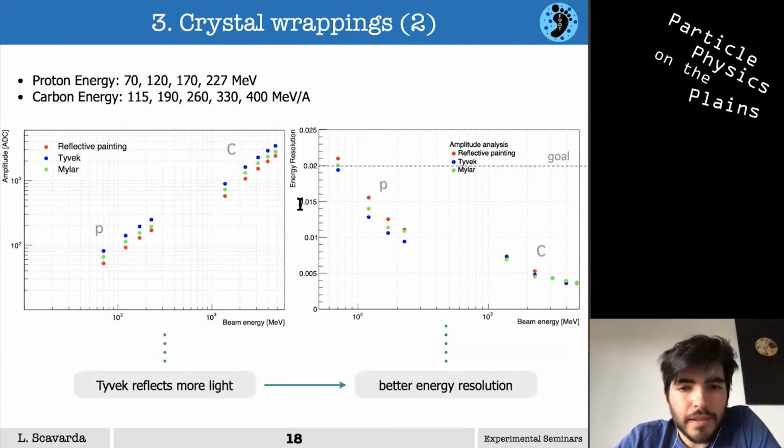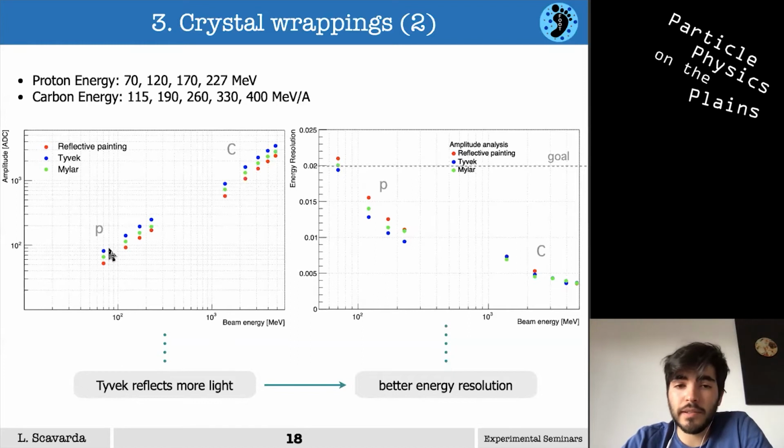Okay, in this slide we have some results about this test beam. On the left, we have the plot related to the linear response, so the average value of the Gaussian peak calculated with the amplitude analysis. Each color represents a different wrapping: in green Mylar, in blue Tyvek, and in red reflective painting. As you can see, with the Tyvek, we can reflect more light inside the crystals, which means we collect more light.